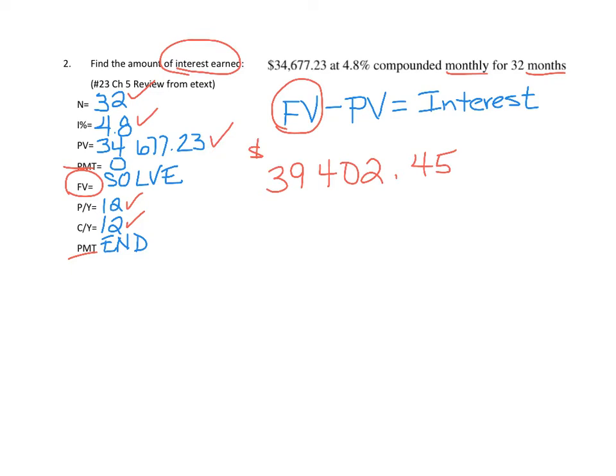So from the future value, we will subtract the present value, which is $34,677.23, and this will give us the interest.